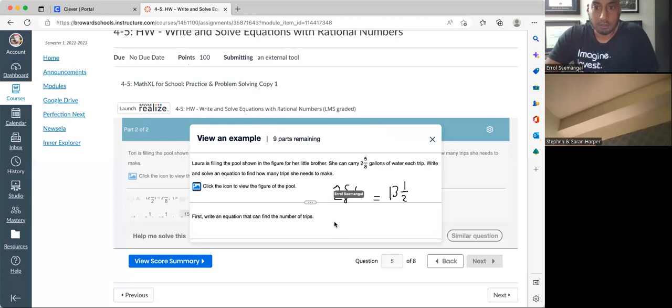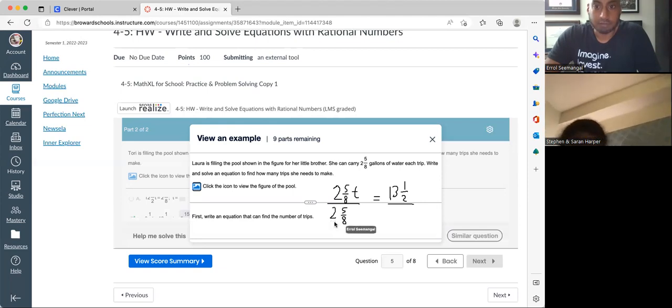What do we divide? We're dividing it by 13 and a half. Divide both sides by the coefficient. Okay. What's the coefficient? 2 and 5/8. Make sure you divide both sides by 2 and 5/8.